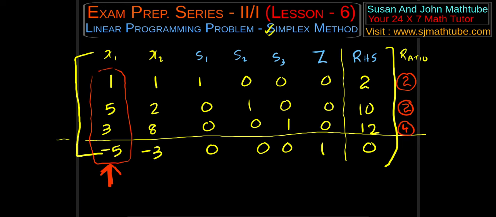I'm really happy we did this problem, because in exam, some of you might get stuck. What's the least number? 2. And it has repeated. So you can choose any of these rows, but I'm going to choose the first row. Can you tell me the reason?